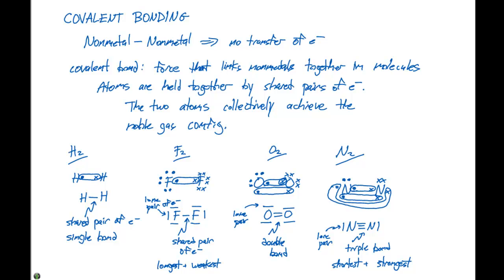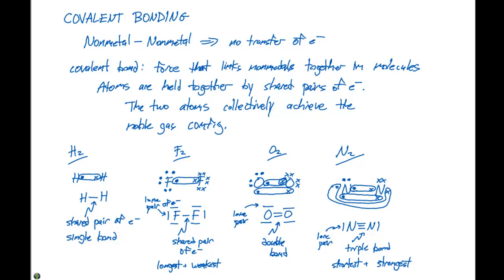So a triple bond is going to be shorter and stronger than a double bond, which is shorter and stronger than a single bond. So this is what we can do, and how these molecules form our stable octet.